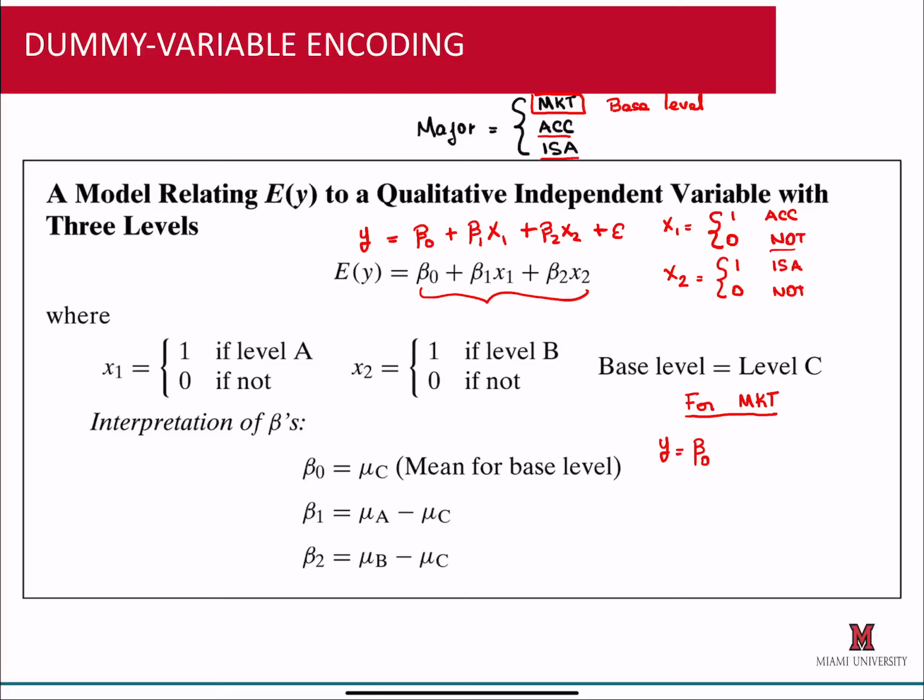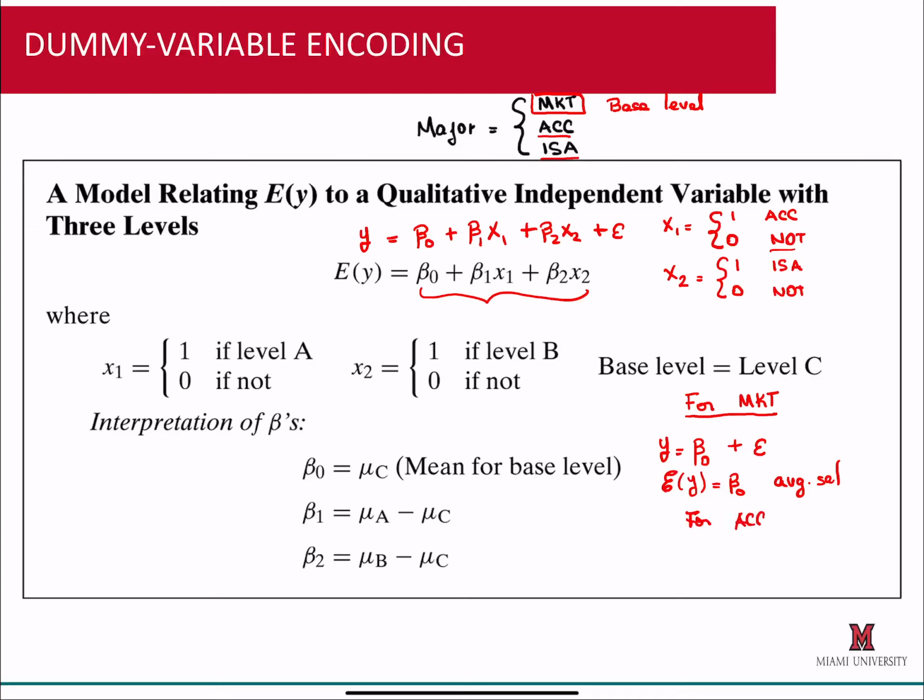So that term, beta 1 times x1, goes away. The same thing happens for x2. The individual is not an ISA major. So actually the model is going to be beta 0 plus epsilon. And the expected value of y is going to be only beta 0. So that would be the average salary for somebody who has a major of marketing.